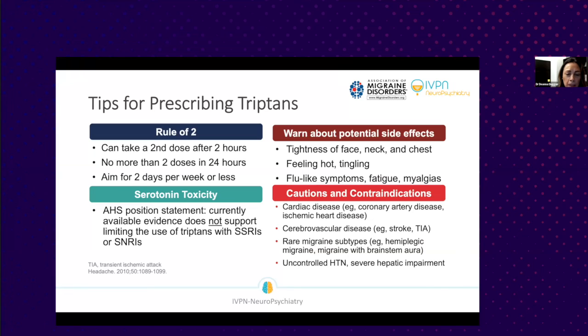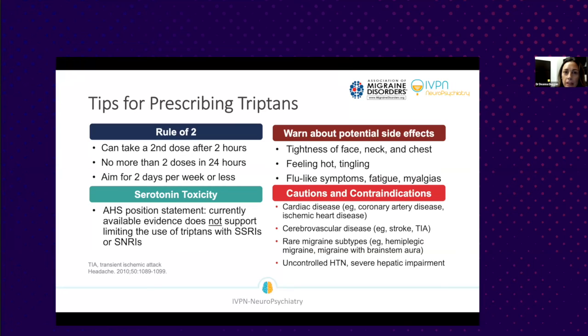Just also a little note, being that we see a lot of kids that have comorbid anxiety and depression, and they may also be taking an SSRI or SNRI per psychiatry to manage those conditions. Oftentimes when we prescribe Triptans, a drug-drug interaction pop-up box may present to us to say there's a risk of serotonin syndrome or serotonin toxicity.